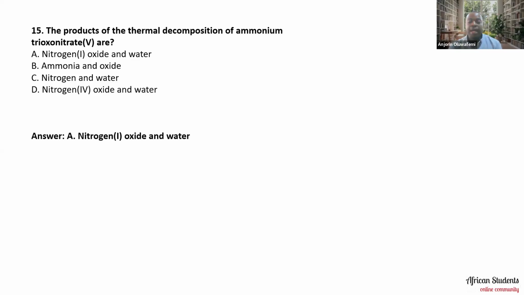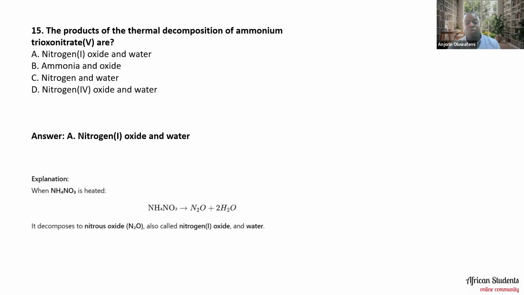Now, the answer is nitrogen (I) oxide and water. And why did we choose this option? When you look at the decomposition reaction for ammonium nitrate, what you have is N2O plus 2H2O as the product. So it decomposes into nitrous oxide, which is N2O, also called nitrogen (I) oxide, and water. So these are the products that will be formed from that decomposition reaction.